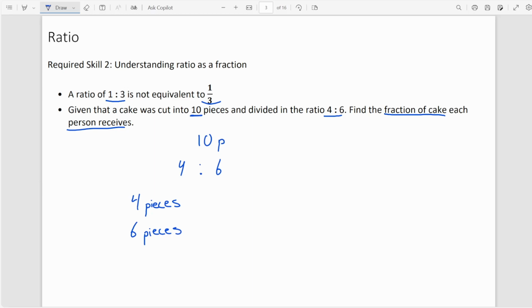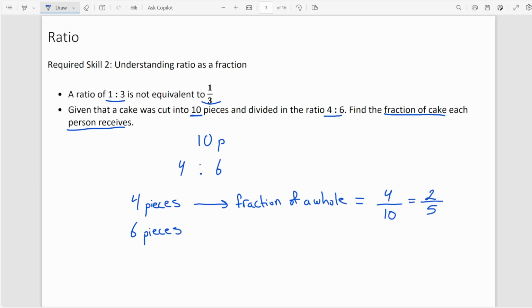Right? So if I wanted to express what the first person received as a fraction of a whole, then it would be the pieces he received divided by the entire number of possible pieces, which is 10. That is the total. Okay? If you simplify this further, this gives you 2 over 5.